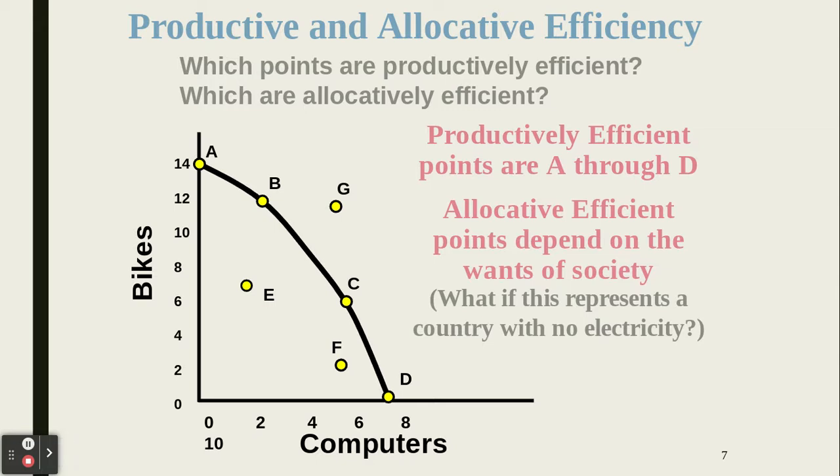Any allocative efficiencies would be anywhere inside any of these points, because that's what society is wanting at that time. Society might want more computers and fewer bikes. It just depends on what they want individually.